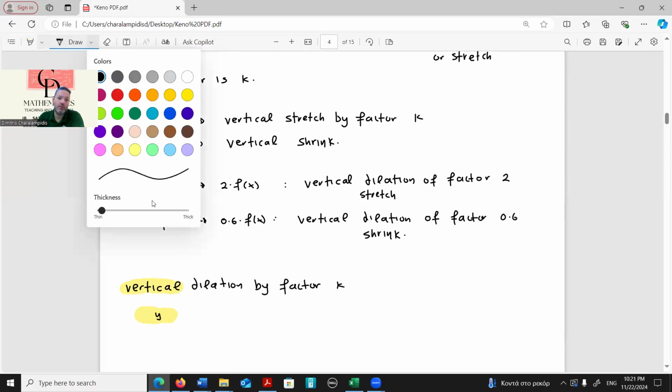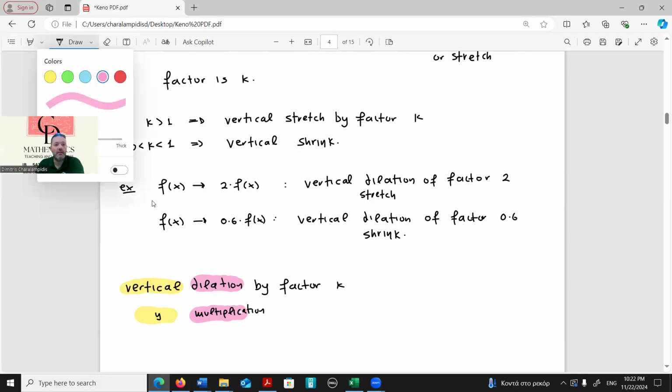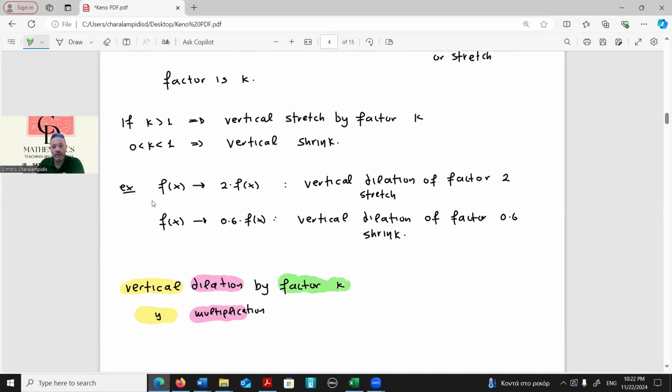The word dilate can be translated as multiplication, and the word factor is the number with which we multiply.